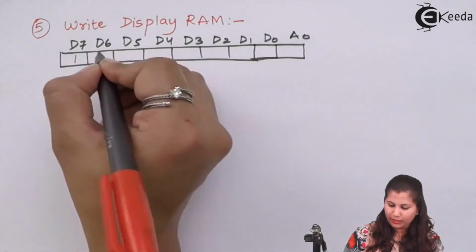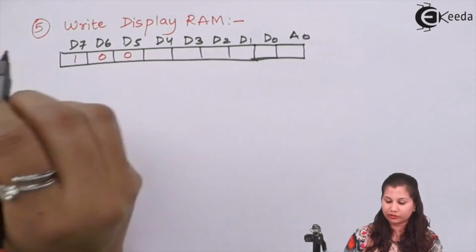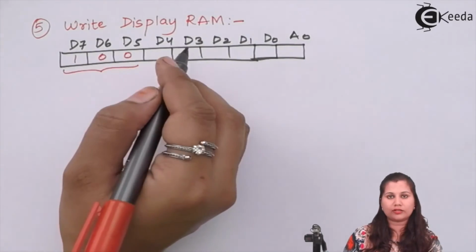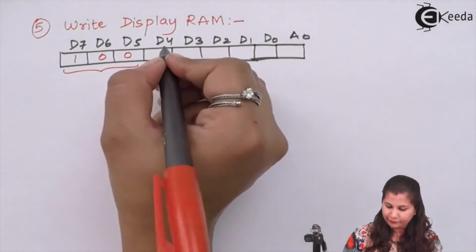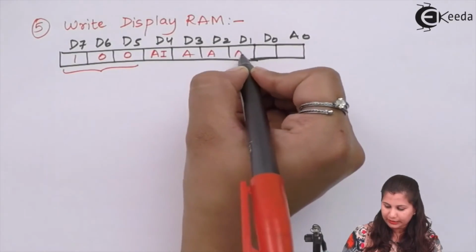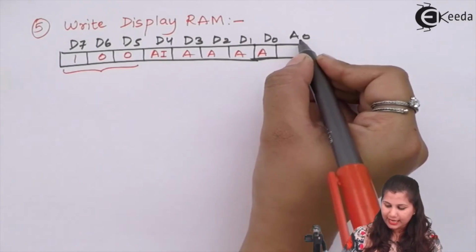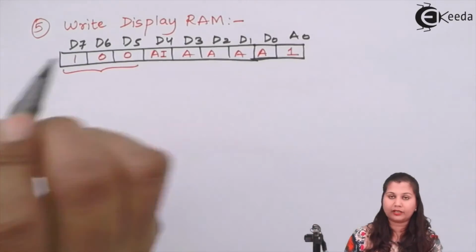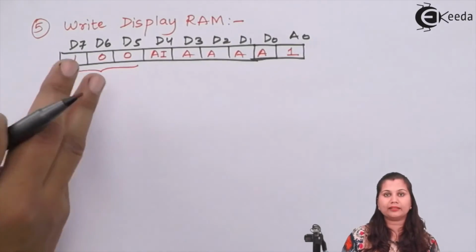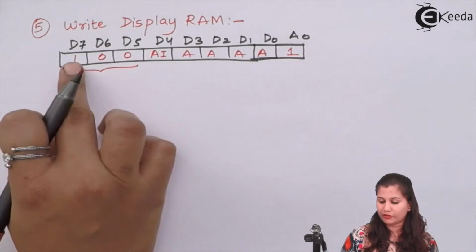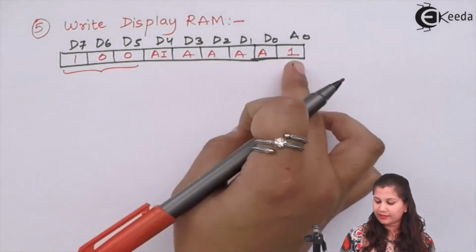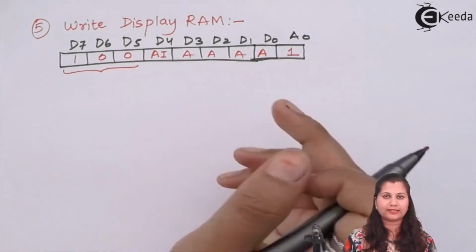It will be 100 for the write display RAM option, and these are constant values. Then D4 is again for AI, these are the AAA addresses, and A0 is 1. So the only difference between the write display RAM and the read display RAM is the value of D7, D6 and D5. Otherwise the rest of the command word is the same.